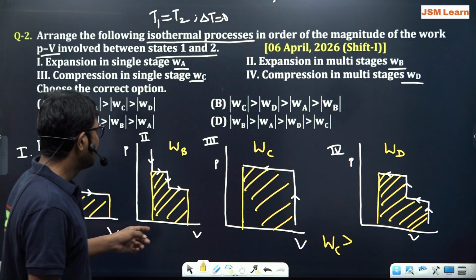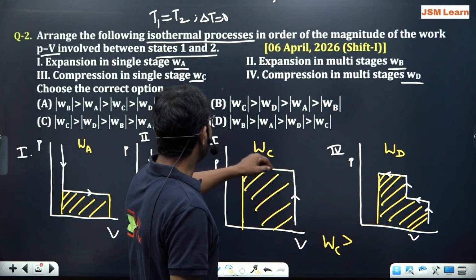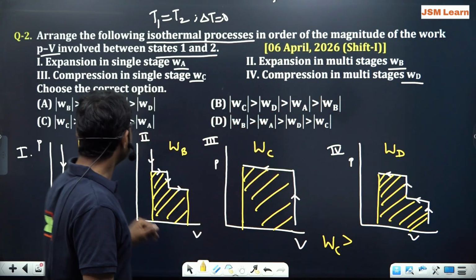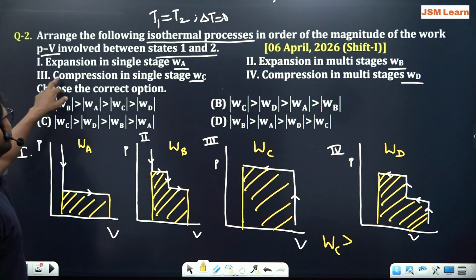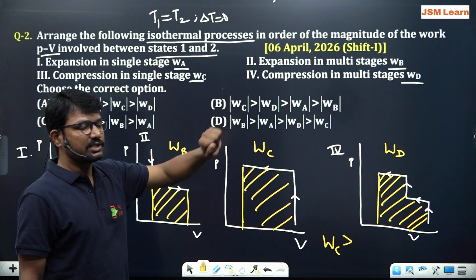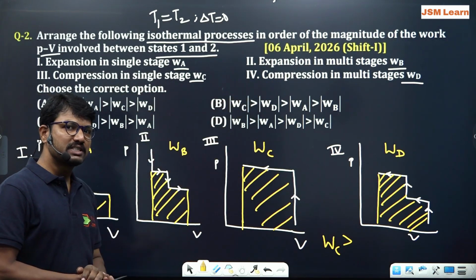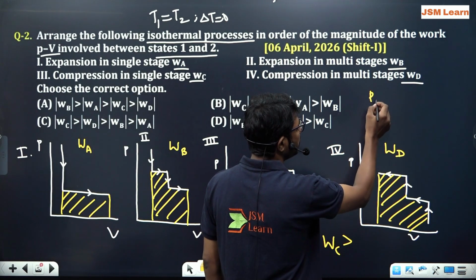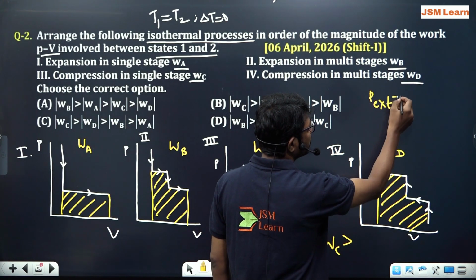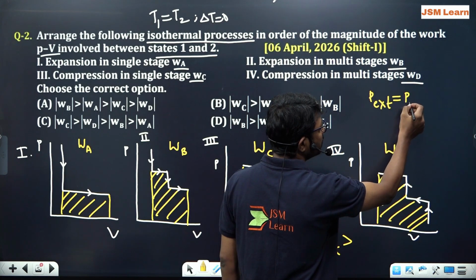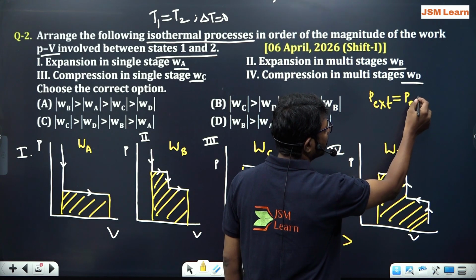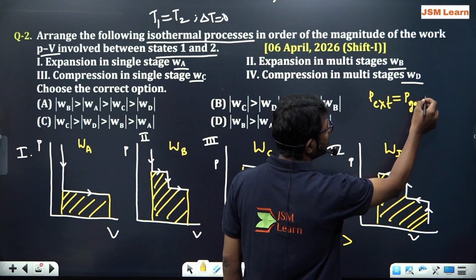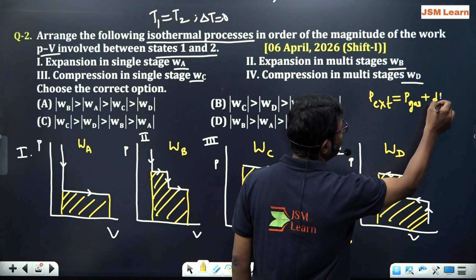Okay, so now if you see the compression case, in the fourth one, compression in multi-stages, and the second one, expansion in multi-stages, both graphs seem to be similar. But as you can see here, P external has to be applied very high compared to the gas pressure, P gas plus dP.